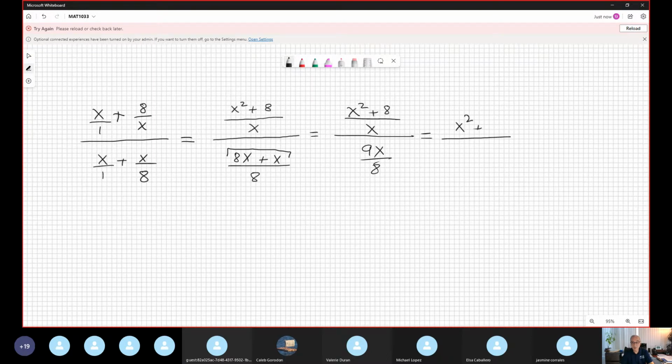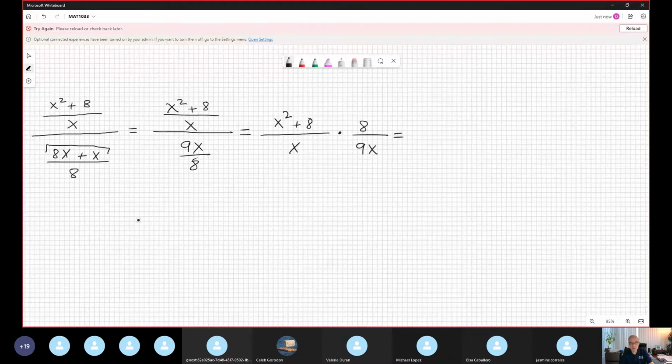Copy the fraction on the top. Multiplication, you flip it, the fraction on the bottom. And now ready to multiply, which is the easier operation. So basically it's 8 times x squared plus 8, because this 8 multiplies the whole thing.